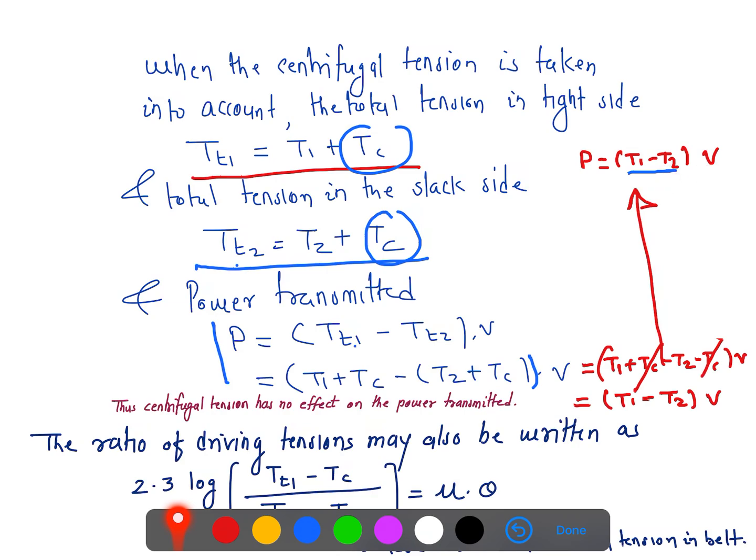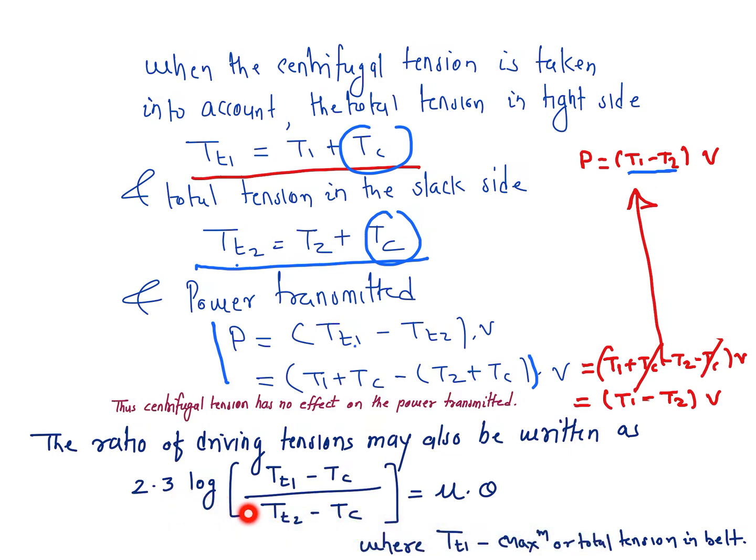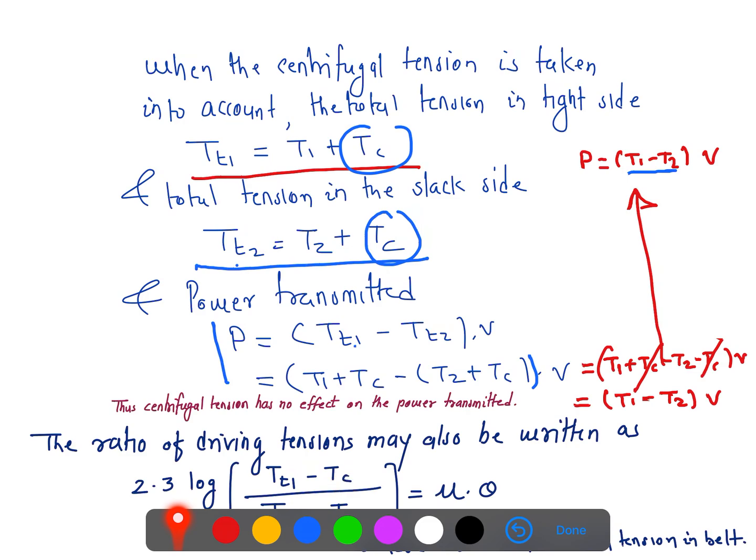The ratio of the driving tensions may also be written as 2.3 log of Tt1 minus Tc, because T1 is equal to the total tension Tt1 minus Tc.